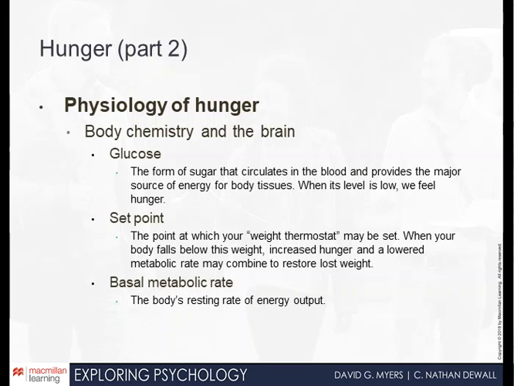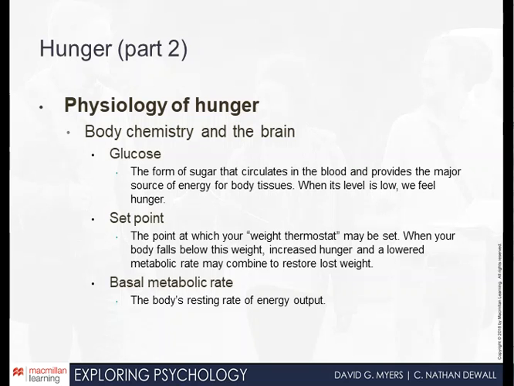Okay? And then we have the set point, the point at which your weight thermostat may be set. When your body falls below this weight, increased hunger and a lowered metabolic rate may combine to restore lost weight. So, for example, what this may mean is simply the body establishes a certain weight that it believes that you need to be at.